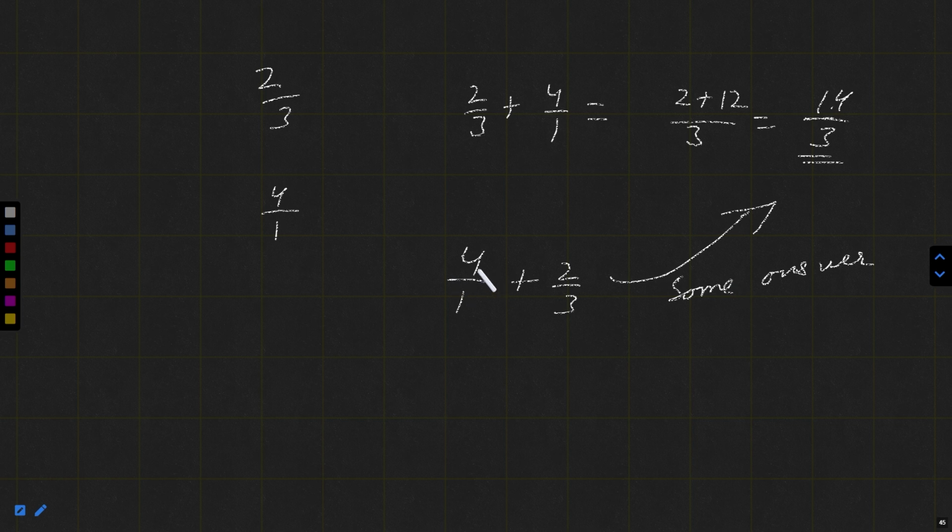So this property, a plus b equal to b plus a, is called the commutative property. Okay, clear?